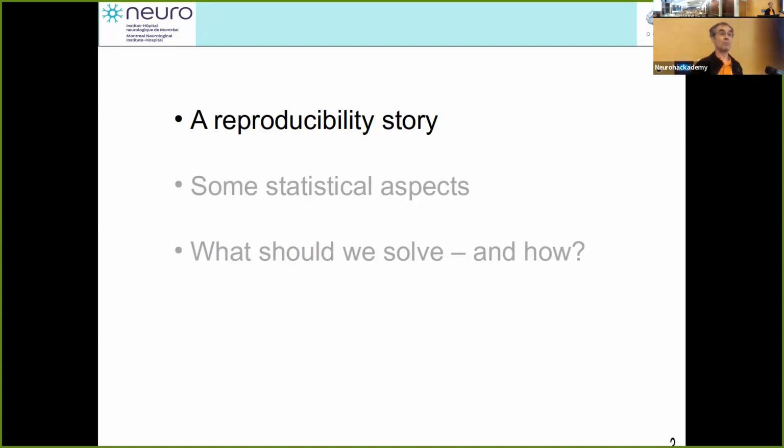It's very basic, so I apologize to the statisticians; this is for the more basic neuroscientists who have done some statistics, but lightly. Then I will go on to what we can do. Along the talk you'll see there are always some technical aspects, and also some more sociological or even psychological aspects to the problem of reproducibility.